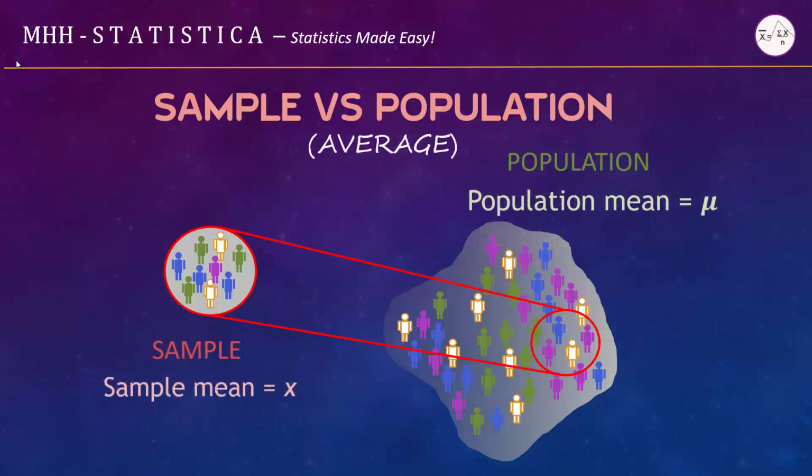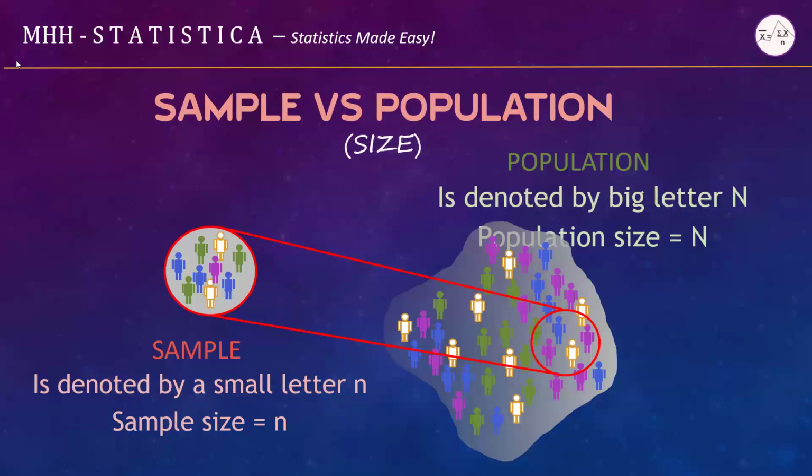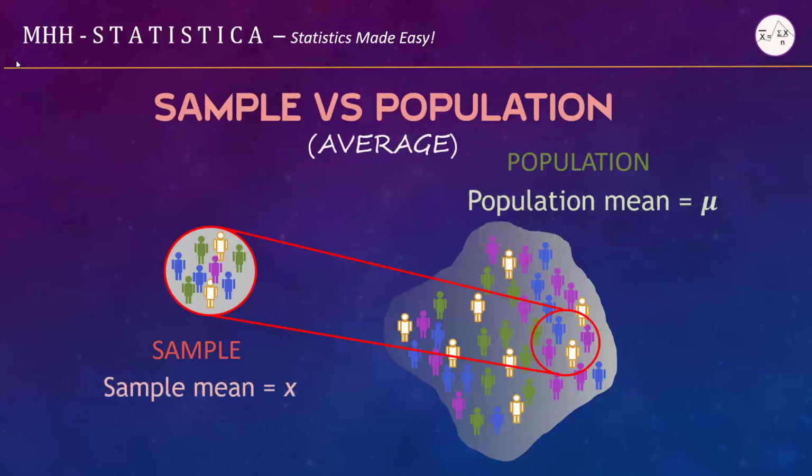Furthermore, size. The population size is denoted by a big letter N, while a sample size is denoted by a small letter n. Average: in terms of average, population mean is given by the symbol mu, while sample mean is given by x-bar.